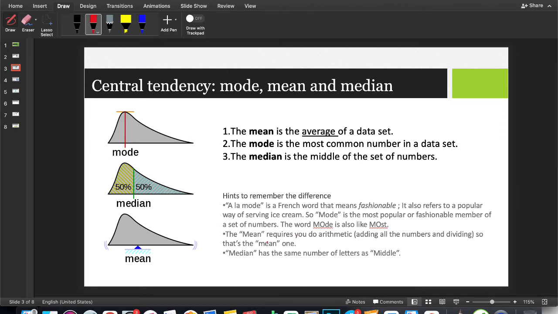In order to remember mean, the mean requires you to do arithmetic, so adding all the numbers and dividing. So that's the mean. While the median has the same number of letters as middle. So median is the middle term.